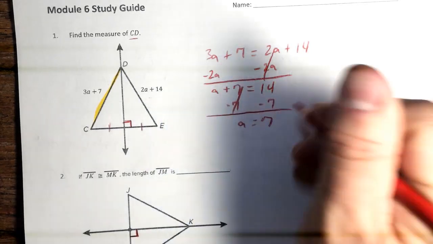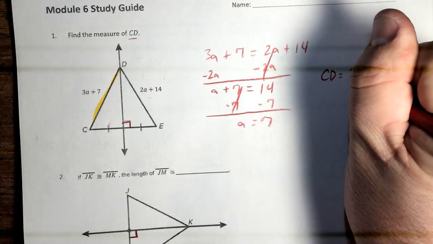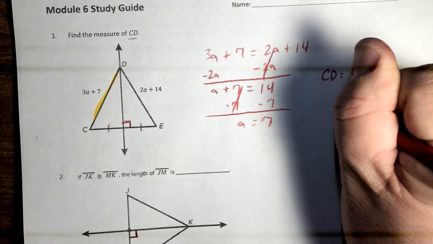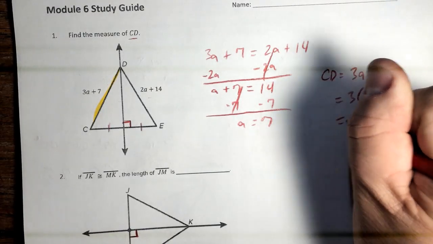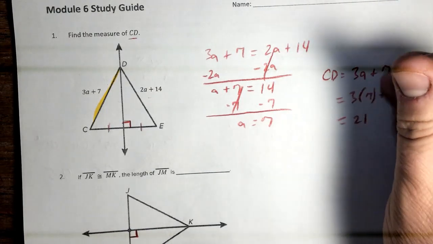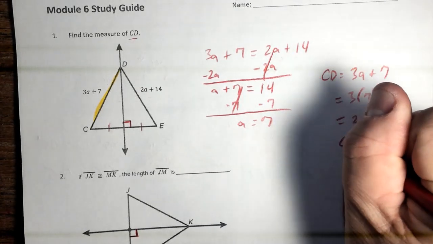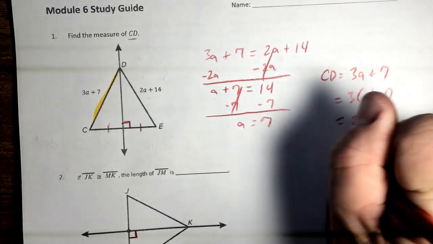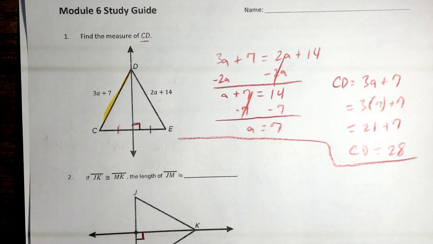A is going to be equal to 7. We're going to plug into CD equals 3A plus 7, which is 3 times 7 is 21, plus 7. And so CD is going to equal 28. We kind of went over, but we needed to do that.